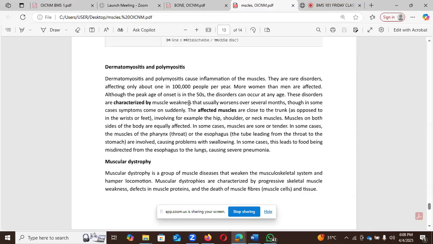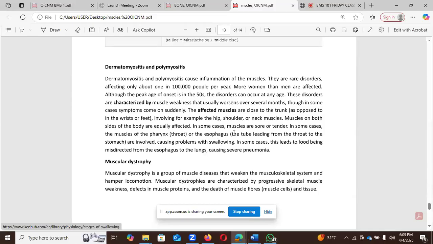So weakness of muscle. That person can no longer lift heavy objects, can no longer walk or talk, and gets tired easily. It can affect the muscles of the trunk, such as the waist, the hip, the shoulder, the neck muscle. Or it can affect the internal organs such as the muscles of the throat, the esophagus.